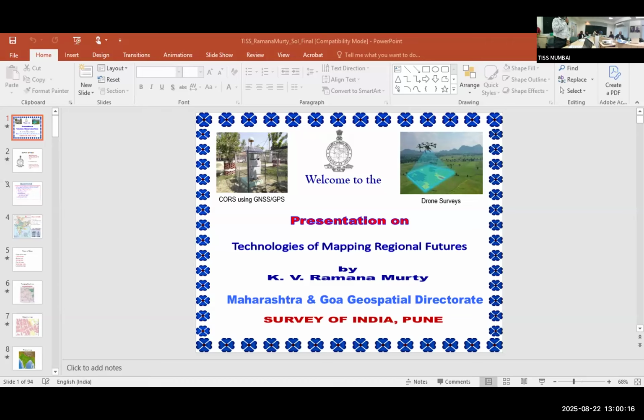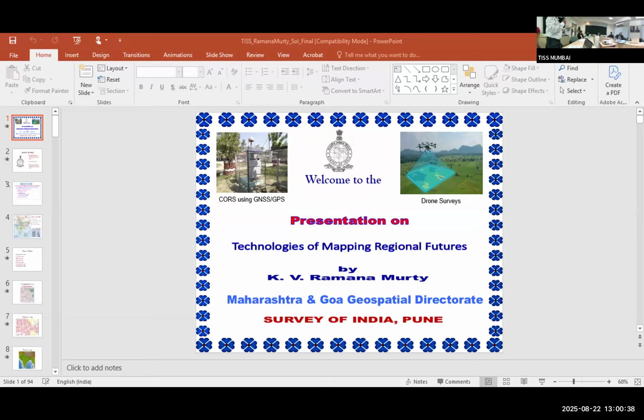That is one big challenge in land governance that is to be addressed. The second thing is that the stakeholders of the lands have to be made aware of the technologies by various means. They should be educated.